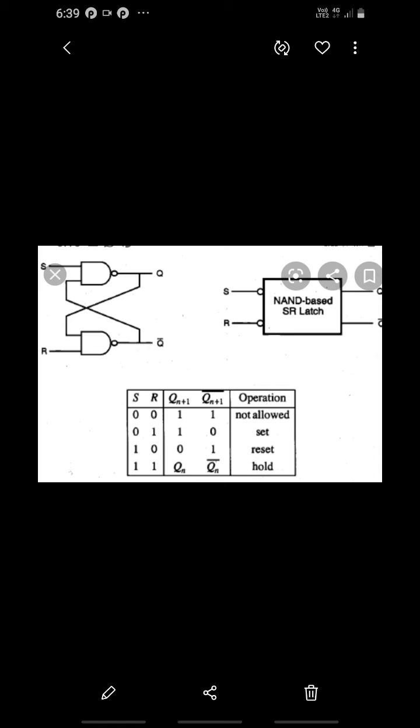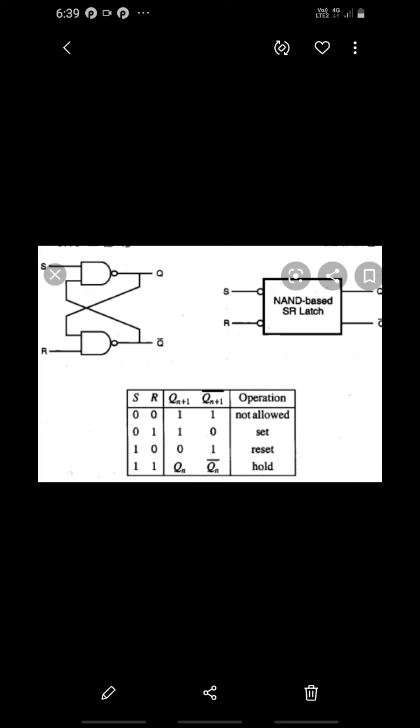And next applying 1 0, 1 0. So already previous is 0 here, so 1 0, 1 0 is 1.